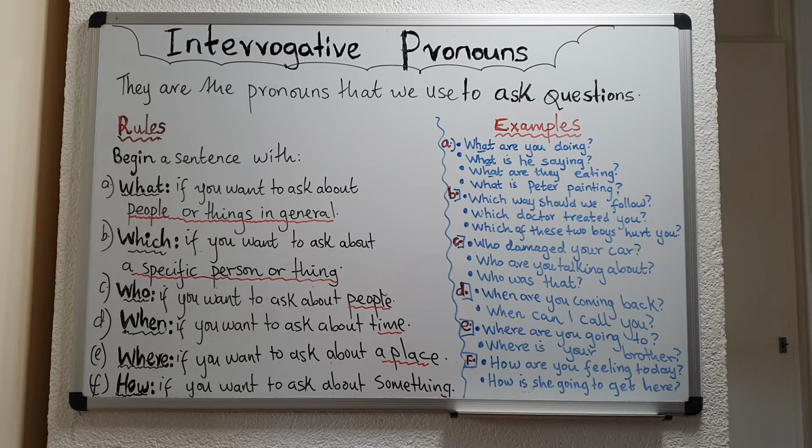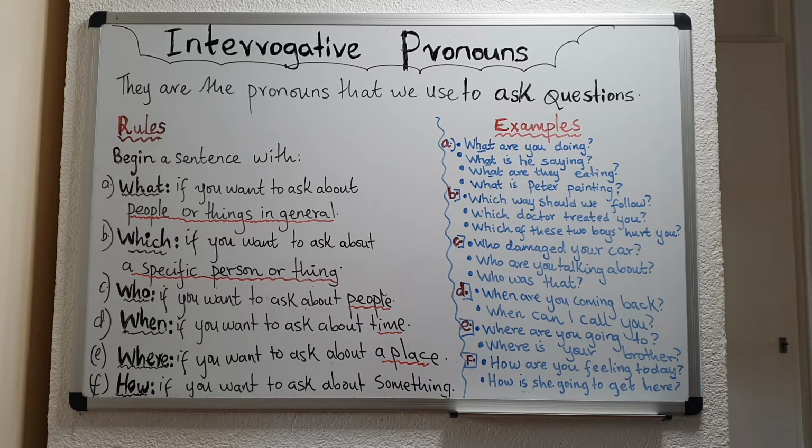Again, you want to ask about something in general. And then the last question, what is Peter painting? Now, in that question, you want to ask about Peter. And more specifically, you want to know what Peter is painting.